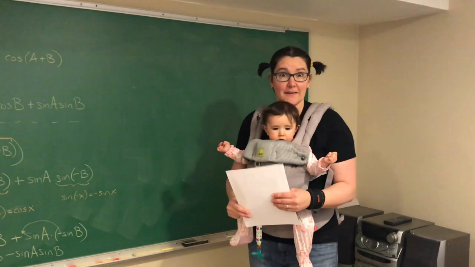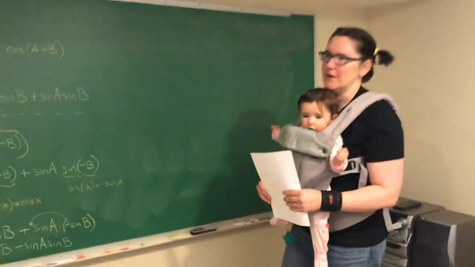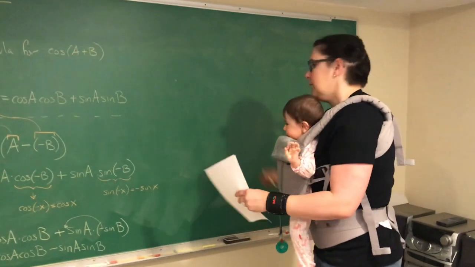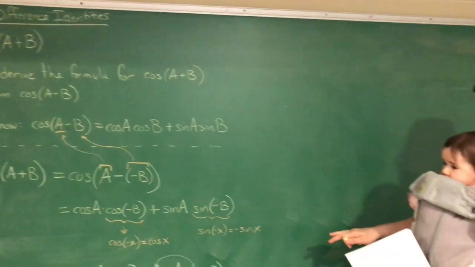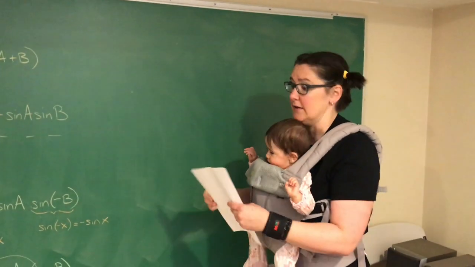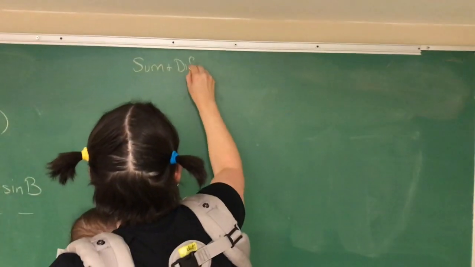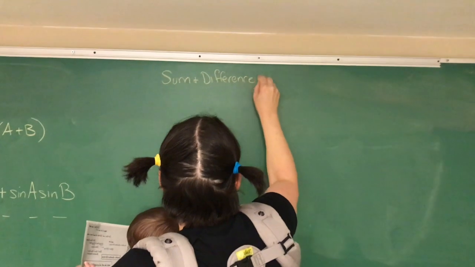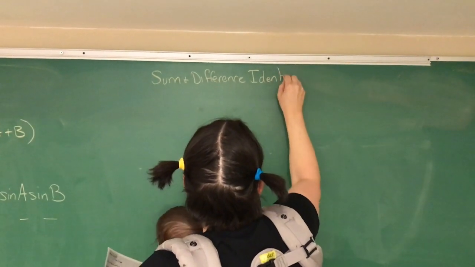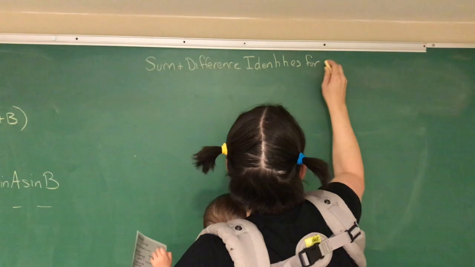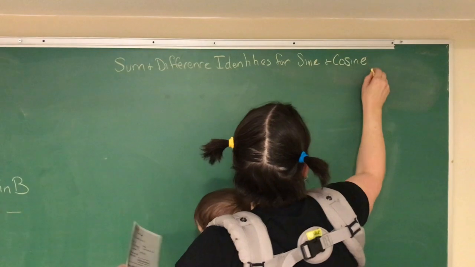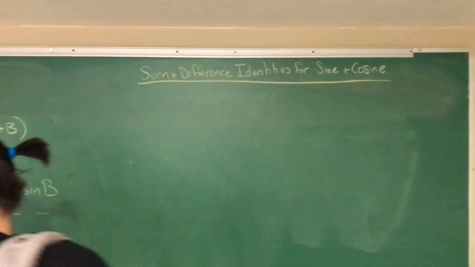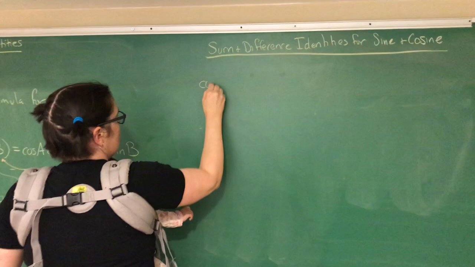All right, well, we are back. So I want to list all four of the sum and difference identities. We've talked about two of them, the cosine difference identity and the cosine sum identity, and then we have similar ones for the sine. And so here they are, all four, the sum and difference identities for sine and cosine. Okay, so the first two that I'll list are the ones that we've seen.